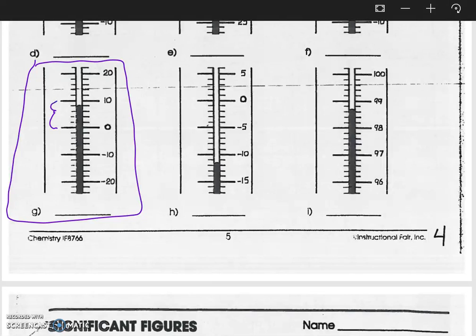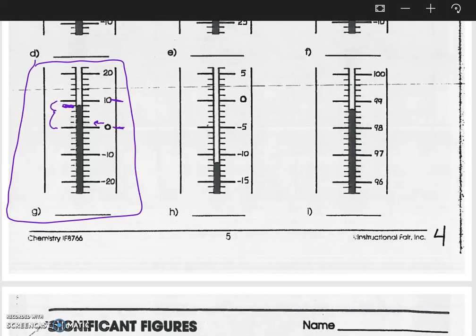So between this 0 and this 10 is where our line is, where our temperature is. And I also notice that there's not 10 marks in between this 0 and 10. So that means that the measurement must be taken in something other than ones. So for example, this line right here is not 1 degree. So let's figure out what it must be.